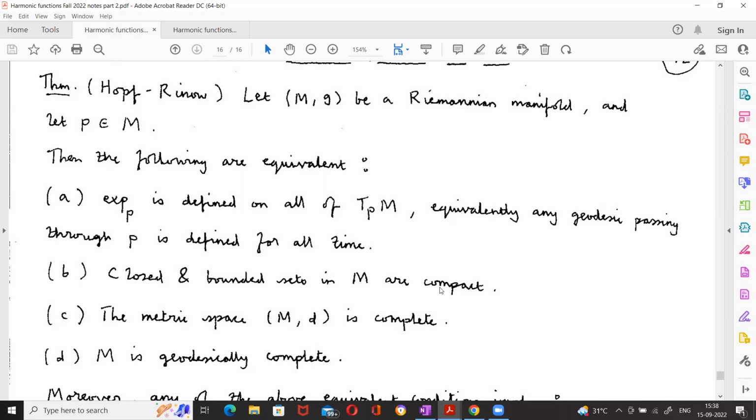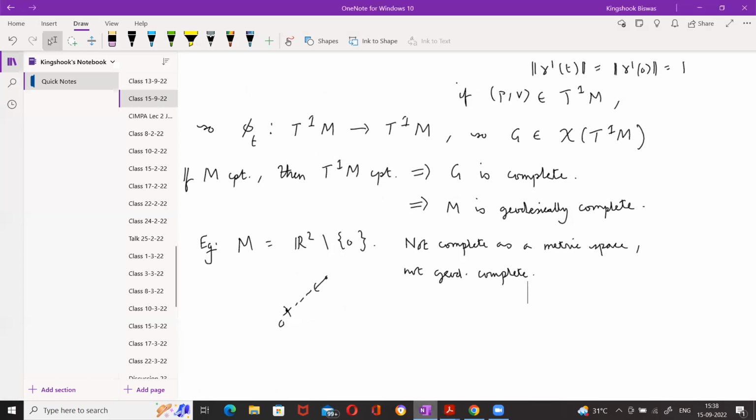You can see that this is false in this example. If I take a closed ball of radius large enough so that in R2 it contains the origin, this ball will be closed and bounded, but not compact, because it's missing the origin.